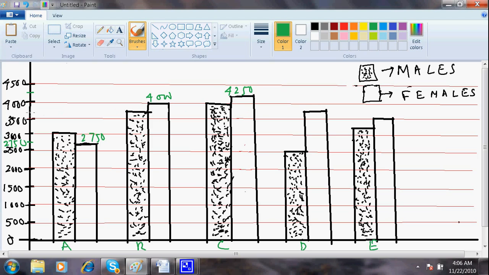Then this is 3750, and this one is 3500. That means you'll add 2750 plus 4000 plus 4250 plus 3750 plus 3500, and you will divide it by 5. This is what the question is.